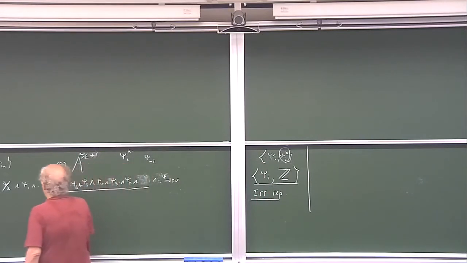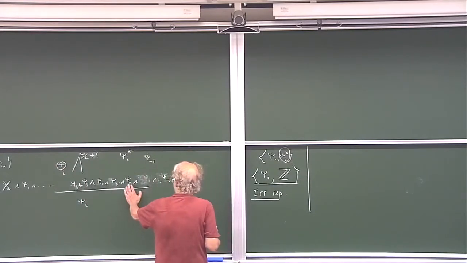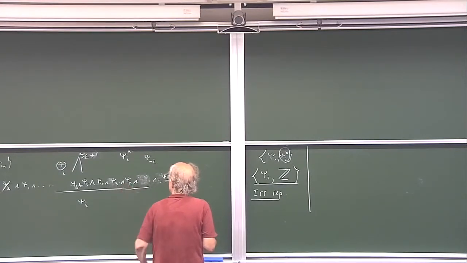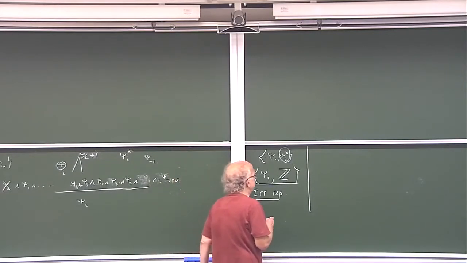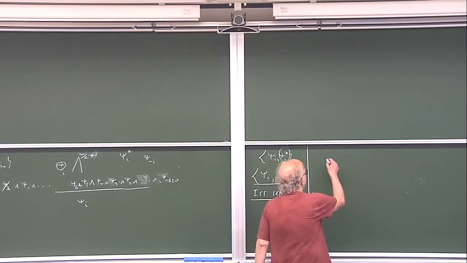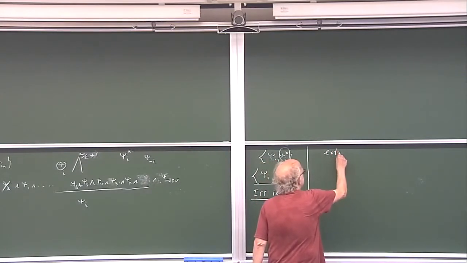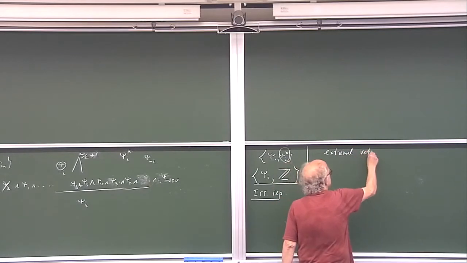one more property: the way to understand this space, it is possible to formulate it by which way? In this space, we have so-called external vectors.